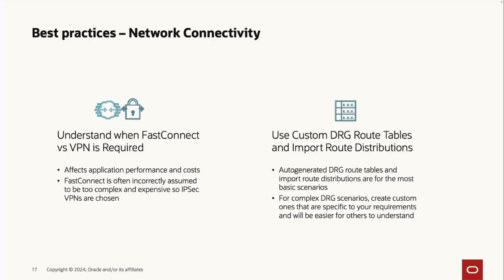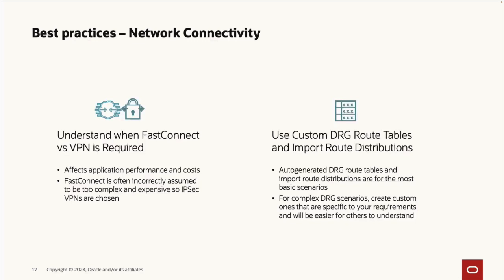And if you look in the console, they're going to be named auto-generated route table for this, auto-generated import route distribution for this. Those are default. They are made for the most basic types of connections. If you have one region, one VCN, one on-prem, those are going to work just fine for you.